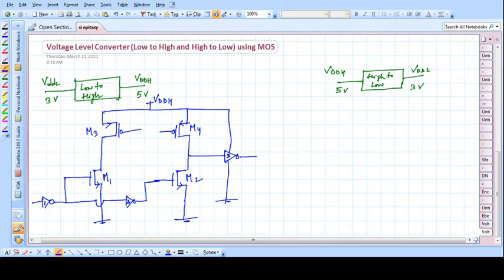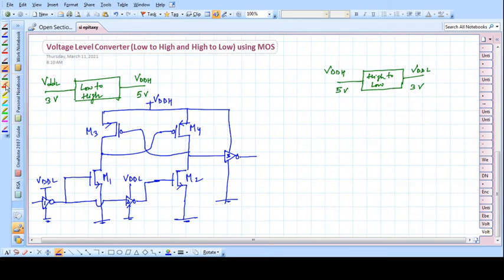For these inverters we are giving a low supply value, say VDD-L, and this one is ground. Very simple. One more connection we have to make: this will be first coupled to this one. Here, this is a low to high voltage level converter.